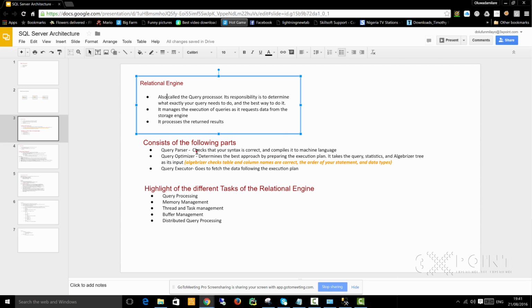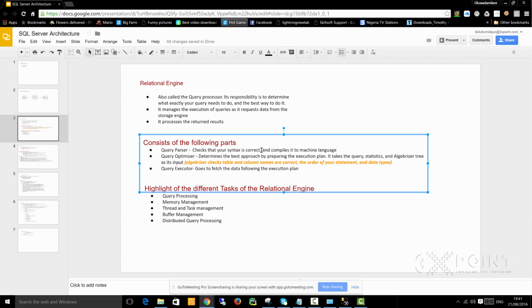And if you look at this part of the slide, it says that the query parser checks that your syntax is correct and compiles it to machine language. So if you write your T-SQL, the relational engine parses that syntax, because if it's not correct, the machine language will not be able to do what you ask it to do, right?